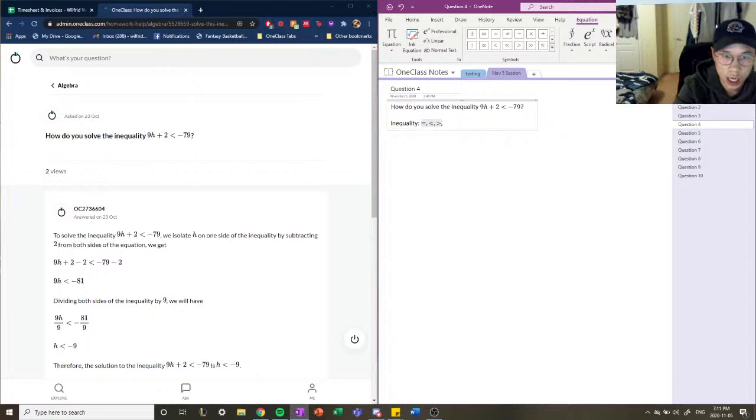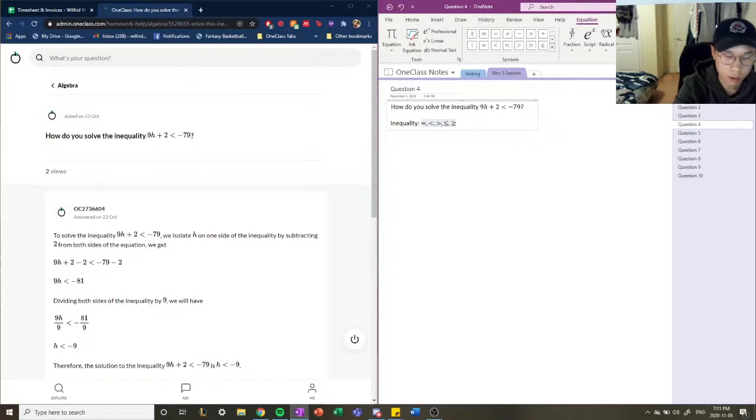There is less than or equal to, which means that the left side is less than or equal to the quantity on the right side. And finally, we have the opposite: greater than or equal to, which says that the left side is always going to be greater than or equal to the right side.